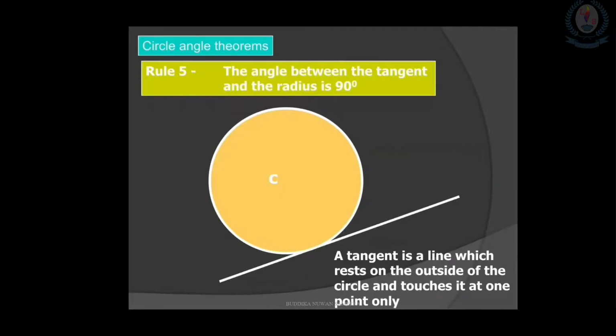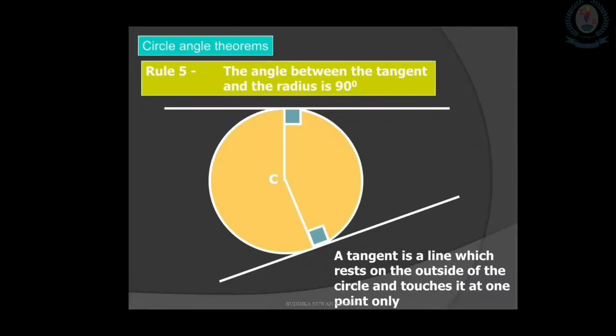So when you join the center of the circle and the point where it touches the circumference, that angle is always 90 degrees. As an example, in this diagram, those two angles are equal to 90 degrees.